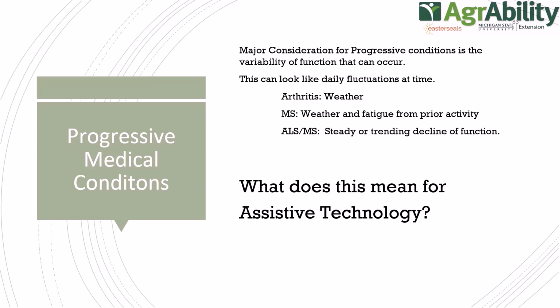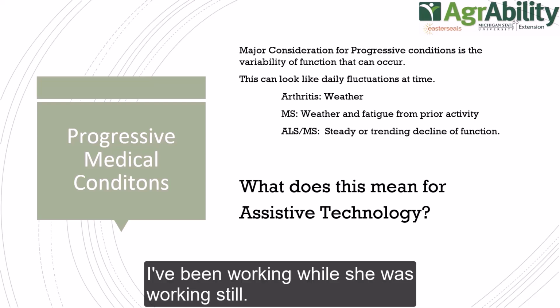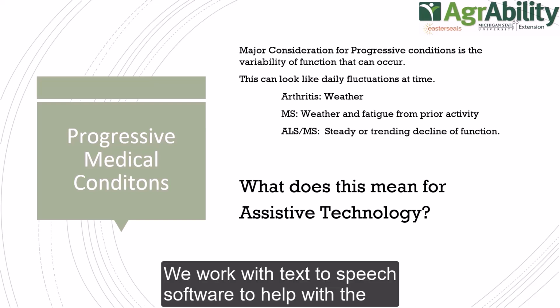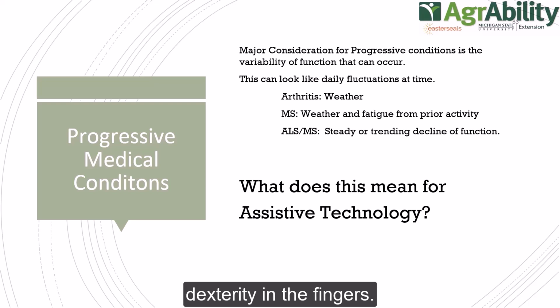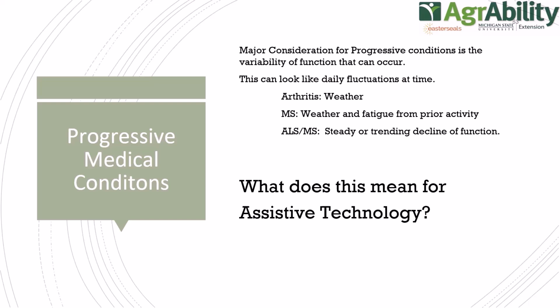What you got? I've been working with a client from their onset diagnosis of MS. And while she was working still, we worked with text-to-speech software to help with the dexterity in the fingers. Good.